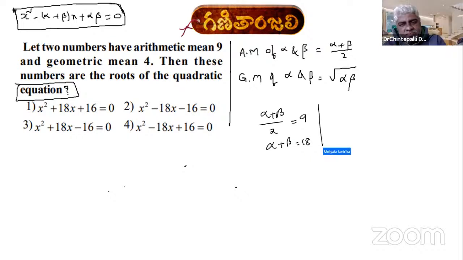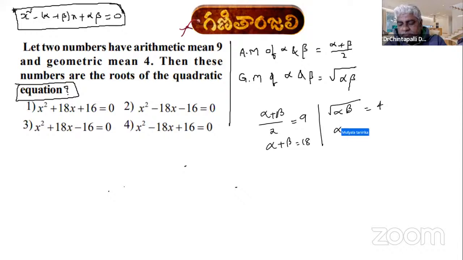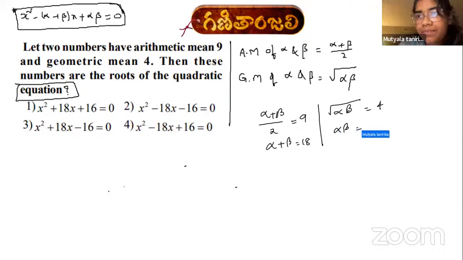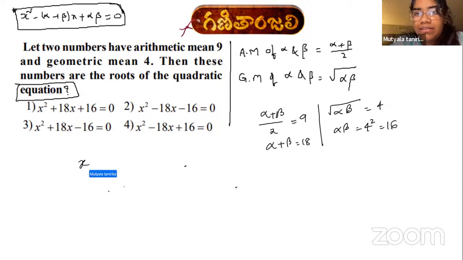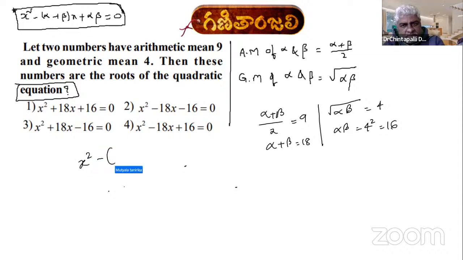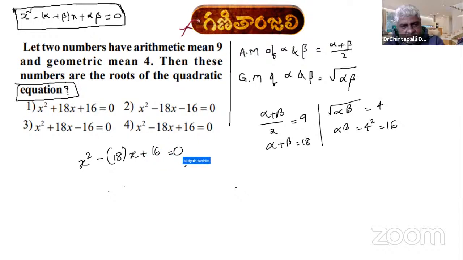The square root of alpha beta equals 4. Very good. Alpha beta equals 4 square, that equals 16. Use that formula to find the equation. X square minus 18x plus 16 equals 0. That's it.